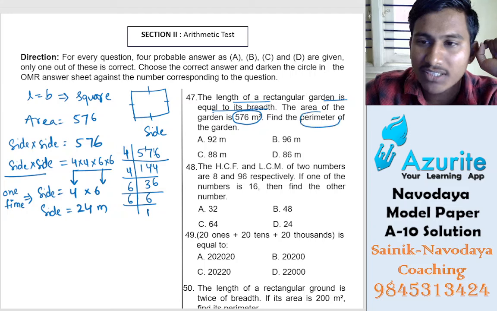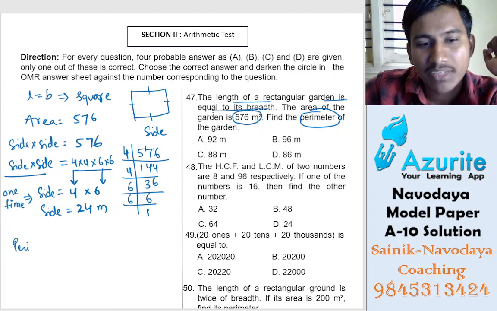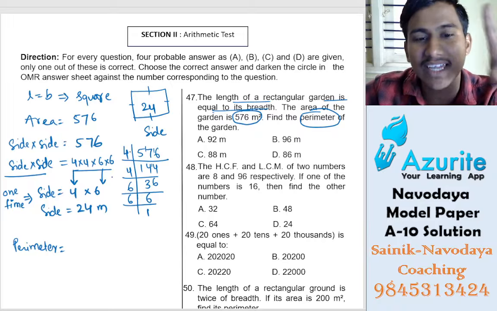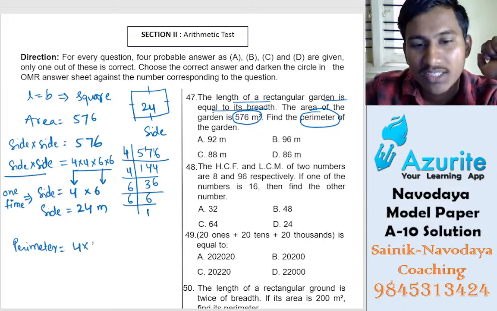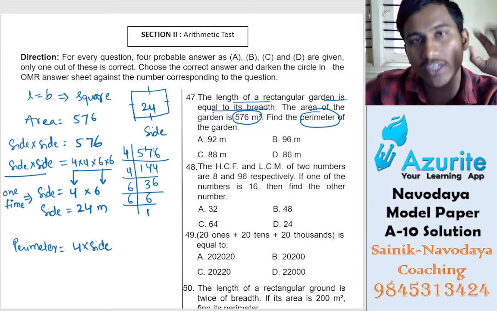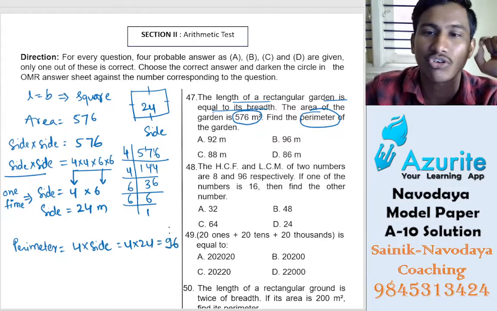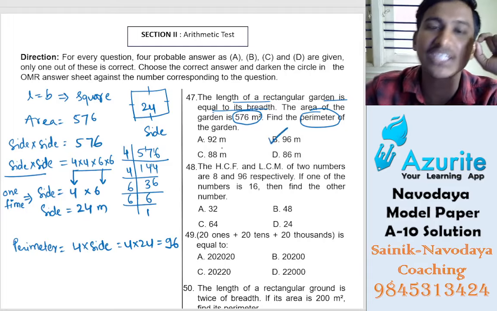Now what is the question? Find the perimeter. How do you find the perimeter of a square? Perimeter is 4 times the side. One side is 24 and 4 sides are there. So 4 into 24, the answer will be 96. The option is option B here.